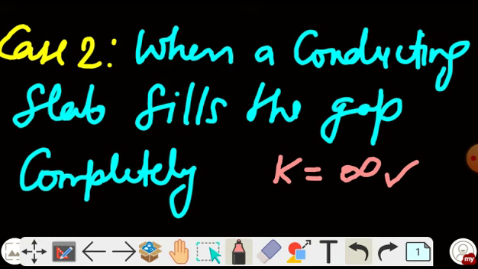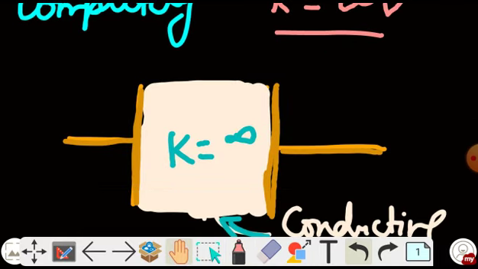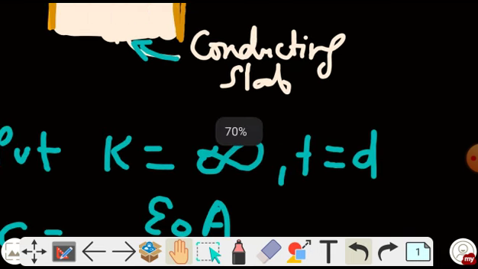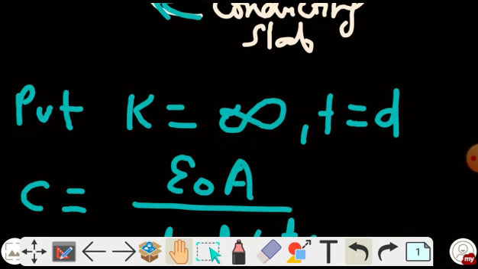Many of you must have figured out what we have to do. Yes, that is right. We only have to put K equals infinite in that expression and we will get the answer. So let's do it without wasting any time. This is our conducting slab which is completely filling the gap, and let's put K equals infinite. One more thing, we will also have to put the thickness of this slab.